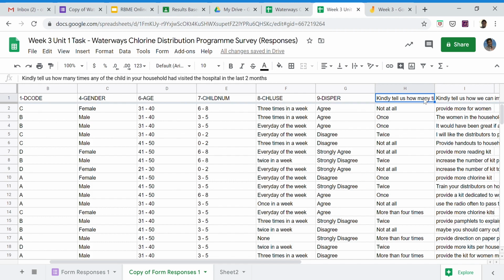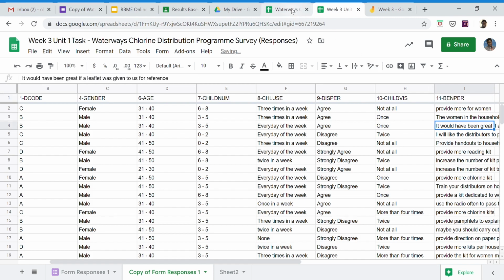It's 9, then 10. So this is child visit to the hospital. Then 11, beneficiary perception. I could put it there.